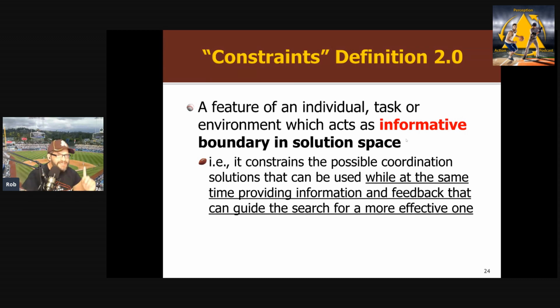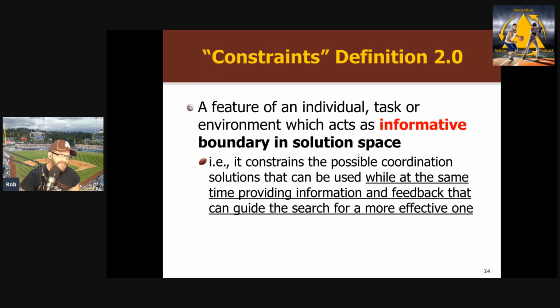So it constrains the possible coordination solutions, right, by putting up a fence saying you can't go to this part of the field. But at the same time, the fence provides you information about where a different place you should go, okay? It helps guide your search to a more effective one. So that's what I mean by informative. It's restricting some solutions while at the same time helping you find another one, okay?